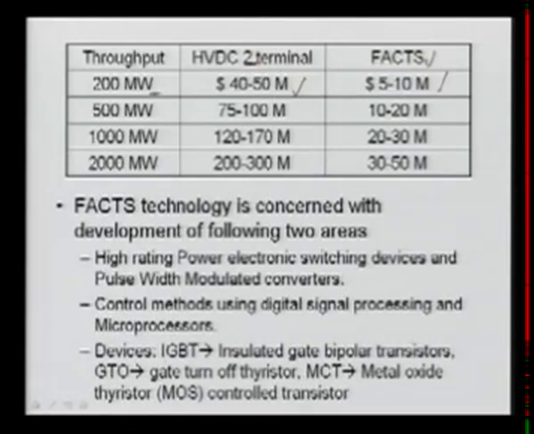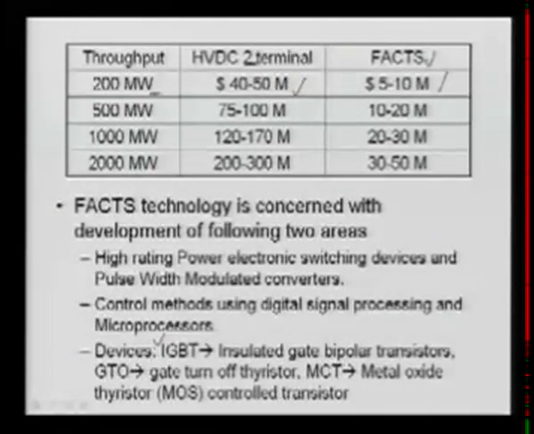Various devices, normally in power electronics, we know very well: simple thyristors, IGBTs, that is insulated gate bipolar transistors, a transistor-based technology, GTOs, gate turn-off thyristors, and MCTs, that is MOS controlled thyristors.